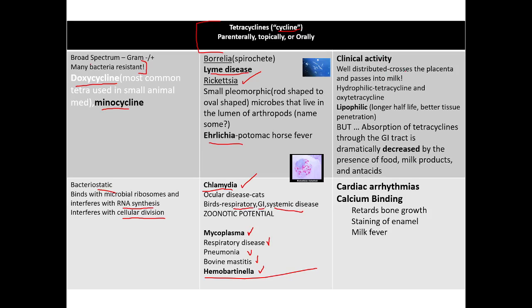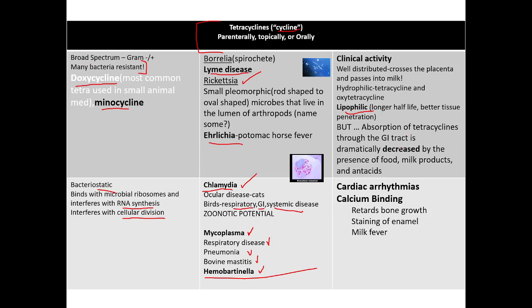It is well distributed and crosses the placenta and passes into the milk. We do have to be careful about that. It is hydrophilic, so especially tetracycline and oxytetracycline, but the lipophilic ones, like doxycycline, have a longer half-life, so you don't have to give it as often, and better tissue penetration.